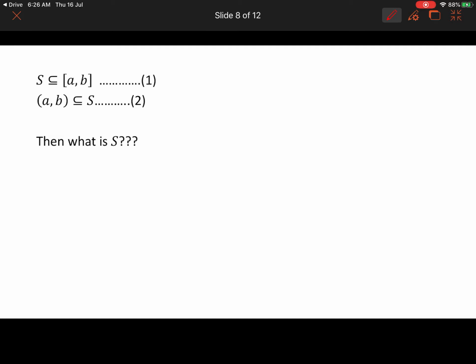So now we have S is a subset of closed interval AB, and open interval AB is a subset of S. Then what is S?